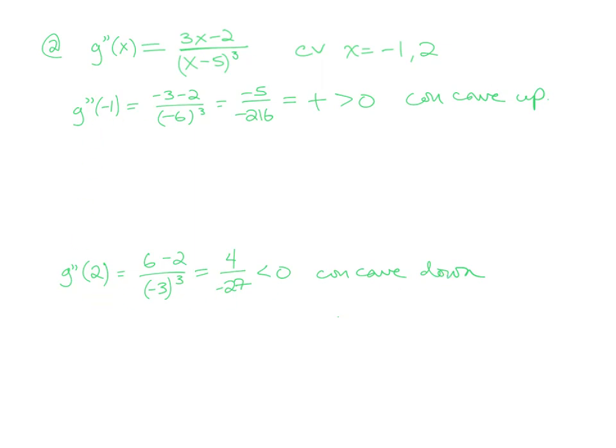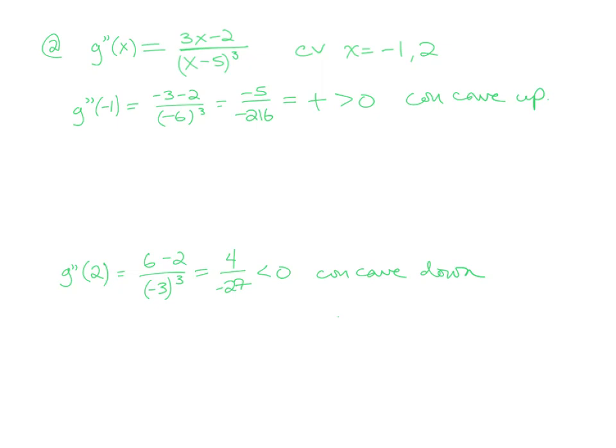But the thing I want to point out here is that you may notice there is a critical value at x equals 5. Now, if you go back and look at the formal definition of the second derivative test, you will see that the critical values that we use are the critical values that make the derivative equal 0, not the critical values that make the derivative undefined.